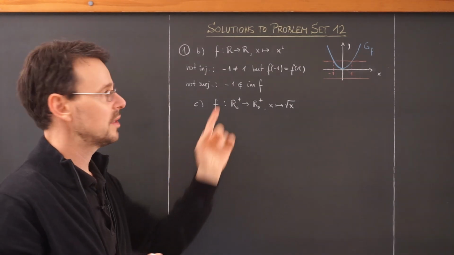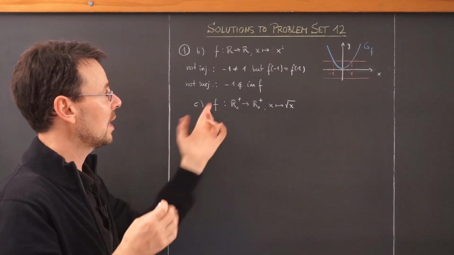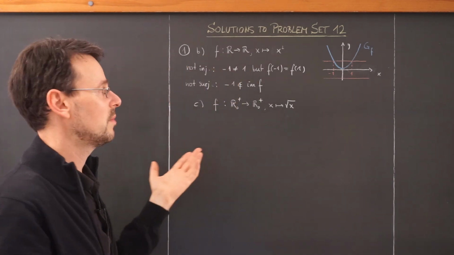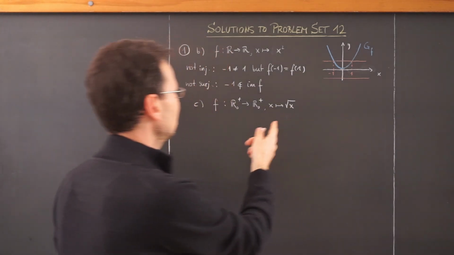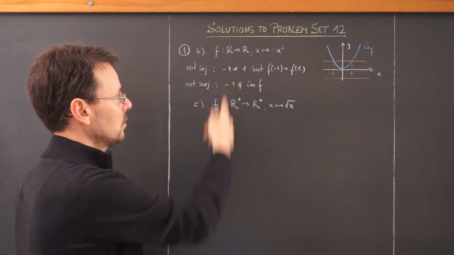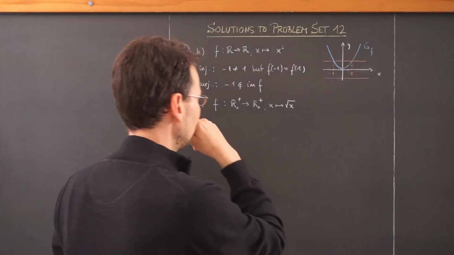So it's very important to understand that these properties rely heavily on the domain and the codomain. All right? So this here is injective and surjective. We could do it by foot, or we simply give the inverse map.